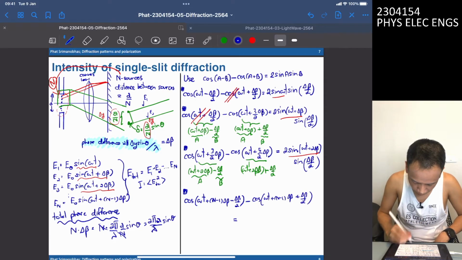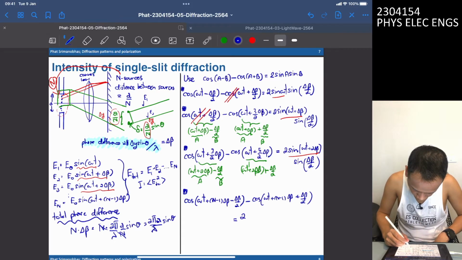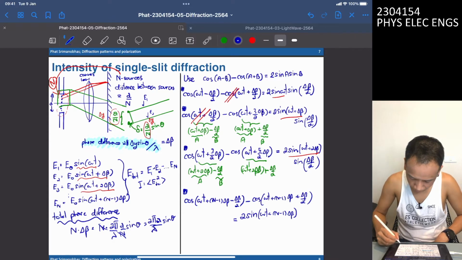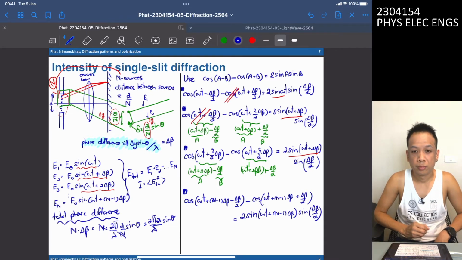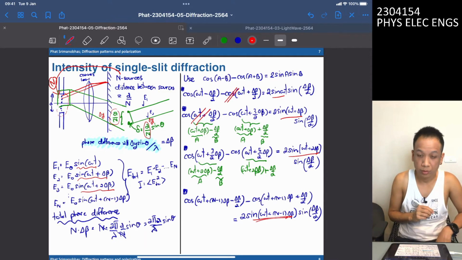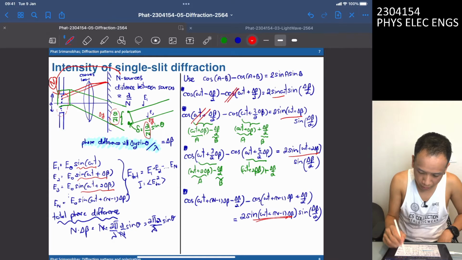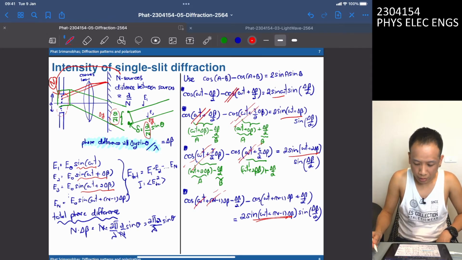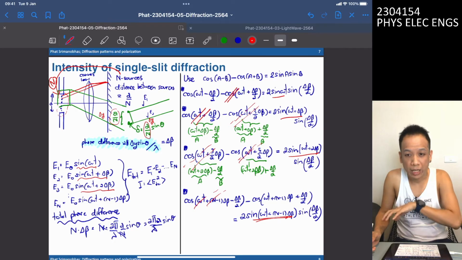So it becomes 2 sine of omega t plus n minus 1 delta beta times sine delta beta over 2. This is the term that you would like to get, and the terms in between are cancelled. Now you have the first term and the last term.